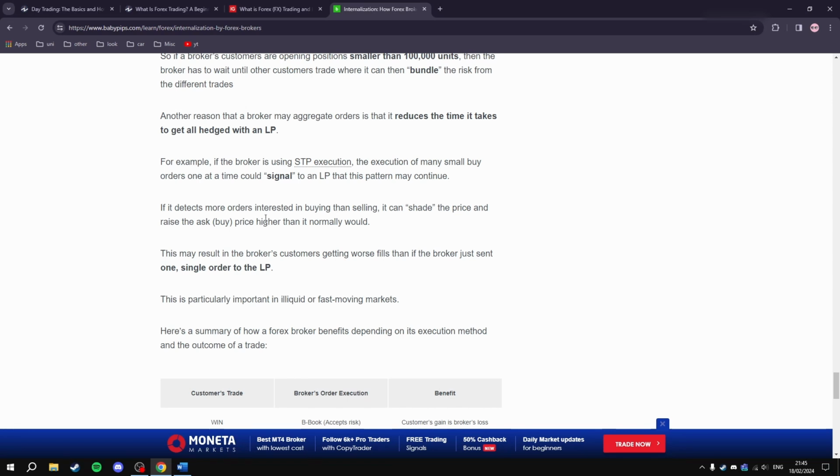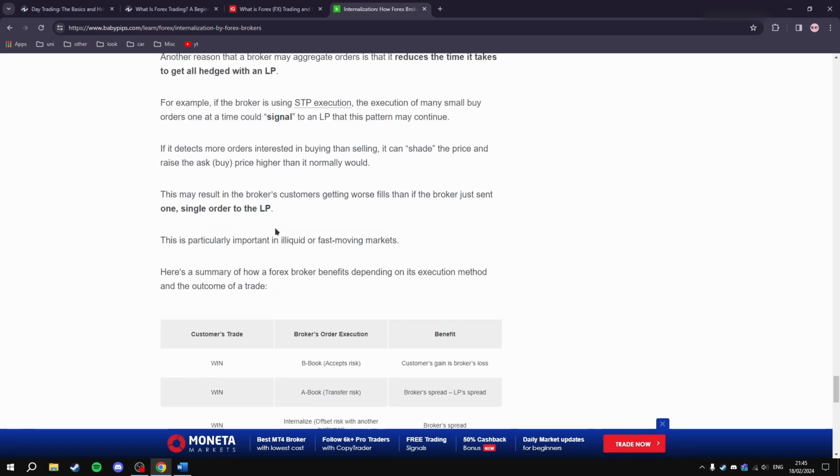This may result in the broker's customers getting worse fills than if the broker just sent one single order to the liquidity provider. This is particularly important in illiquid or fast-moving markets. I think this meant illiquid. What's illiquid? Non-liquid or liquid or fast-moving markets.